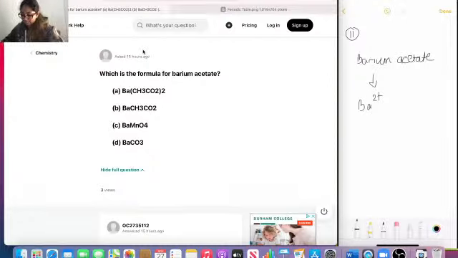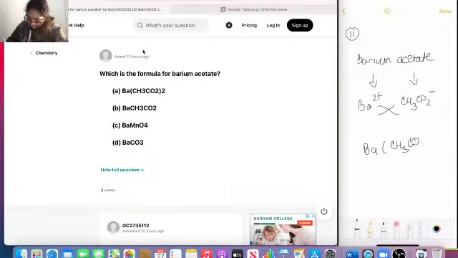And so you can say that it has a charge of +2, whereas acetate is basically CH3CO2 negative, okay? And so it has a formal charge of -1. And so when you're trying to find the chemical formula, you crisscross the charges. And so what happens is you have barium, right?